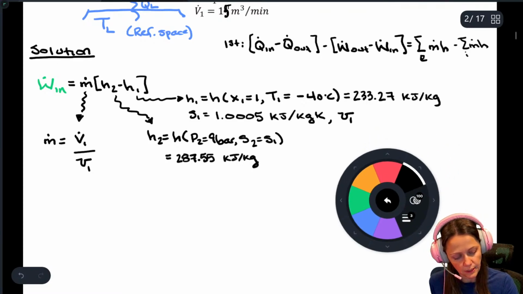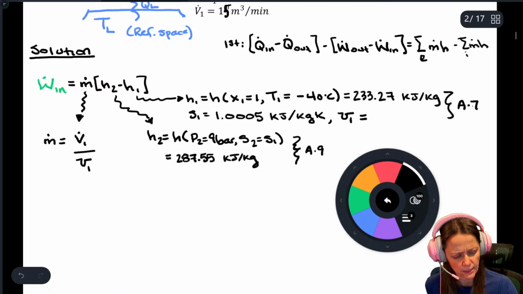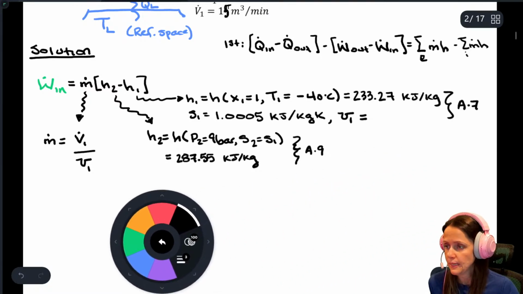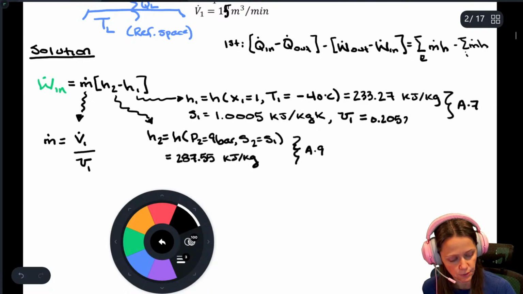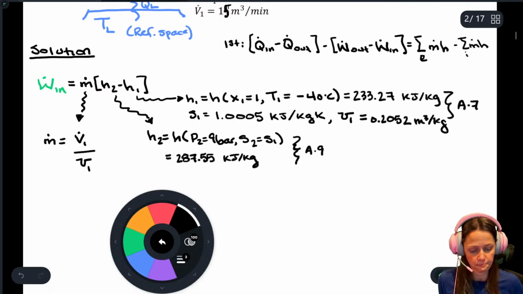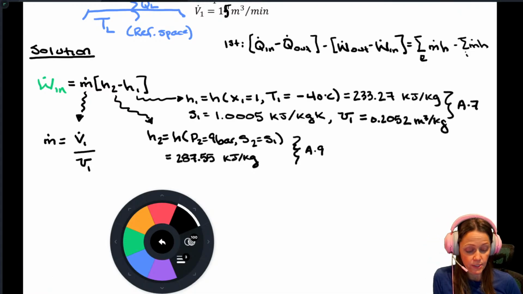And it just occurs to me that there's probably another property that I should have pulled off at V1. So this is in table A9, and this is in table A7. But I do have a specific volume. Let me go ahead and get that: 0.2052 cubic meters per kilogram. All right, and so at this point, it really is plug and chug.